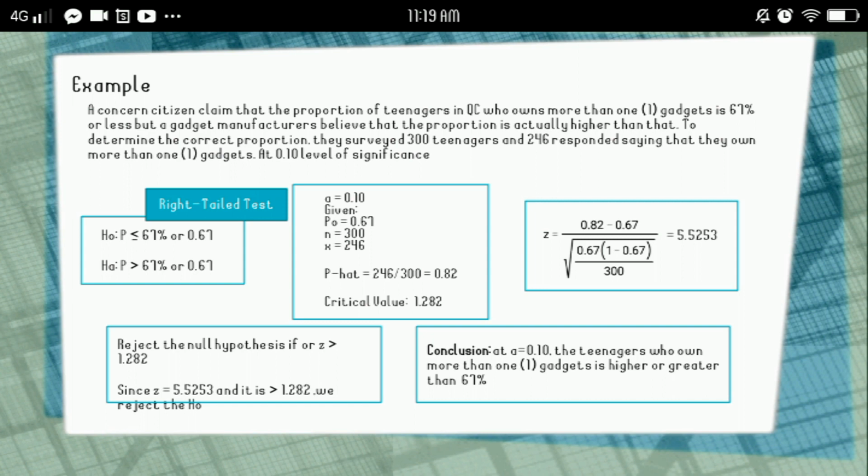So, since ang Z natin is 5.5253 and it is greater than 1.282, we reject the null hypothesis. So, ang conclusion natin, at alpha is equal to 0.10, the teenagers who own more than one gadget is higher or greater than 67%.